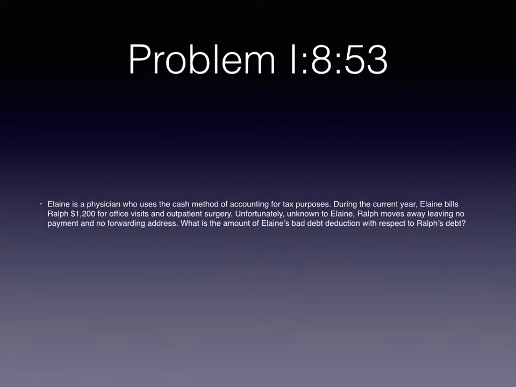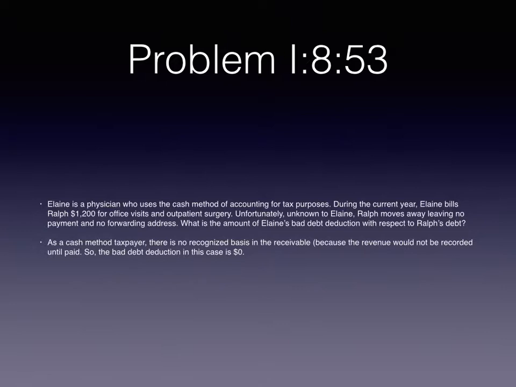Since she uses the cash method of accounting for tax purposes, unfortunately for her, she has no basis in the receivable because revenue is not recorded for a cash basis taxpayer until the cash is actually received. Had she been an accrual basis taxpayer, that would be a different story, but in this situation, no basis equals no bad debt deduction. So she is left with $0 bad debt deduction for this current year.